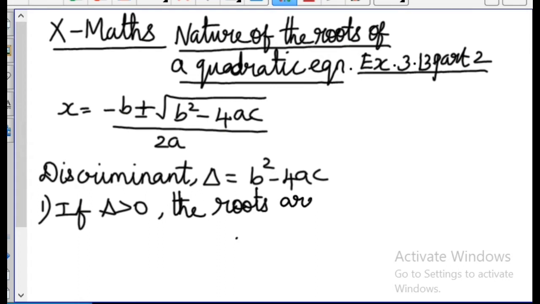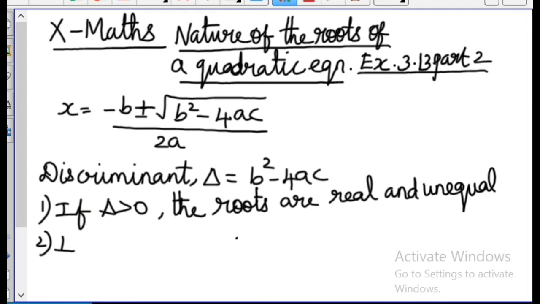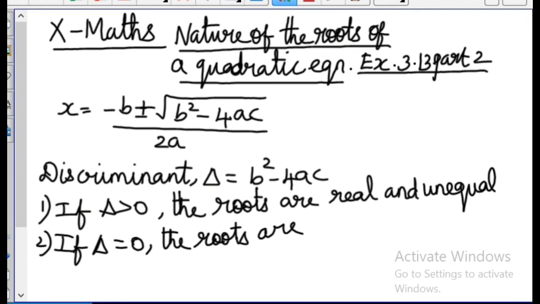Next, if delta is equal to 0, the roots are real and equal.